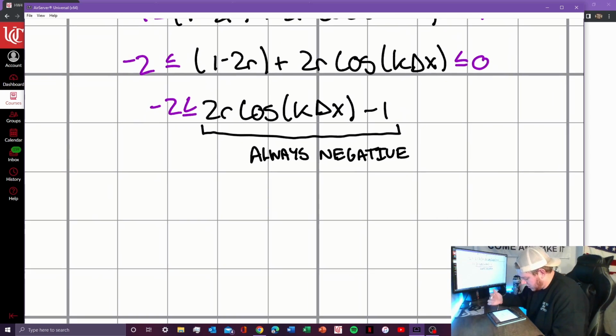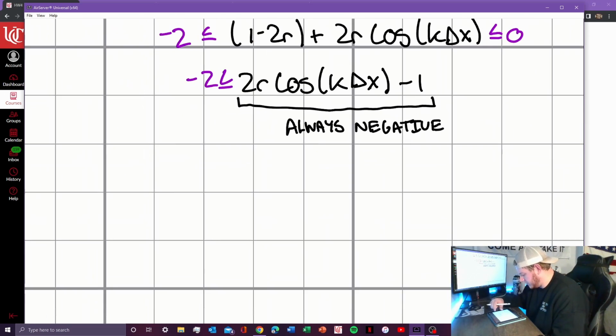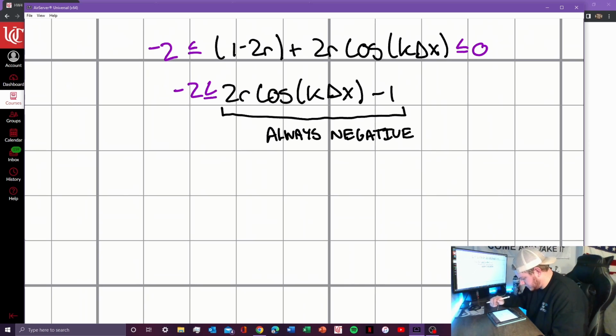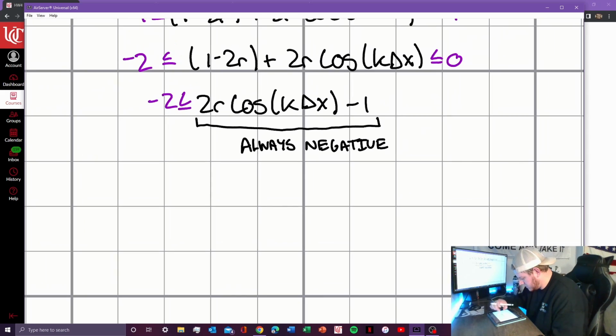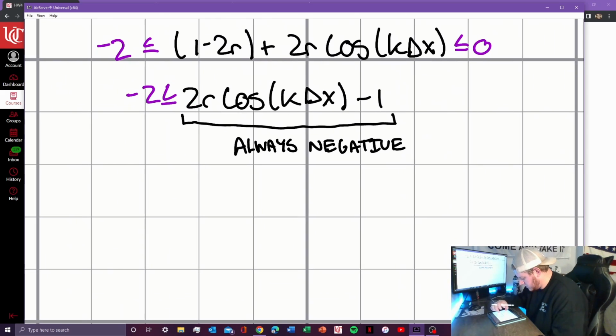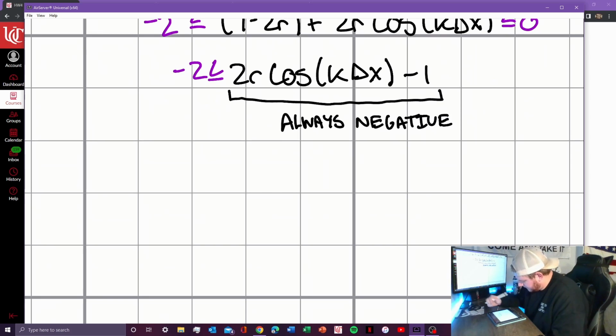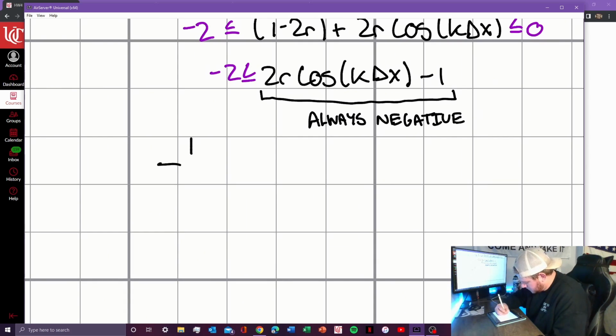And we know that r, well, what can we do next? Alright, so we need to get r by itself here. This is the next step. So we're going to be left with something that looks like this.